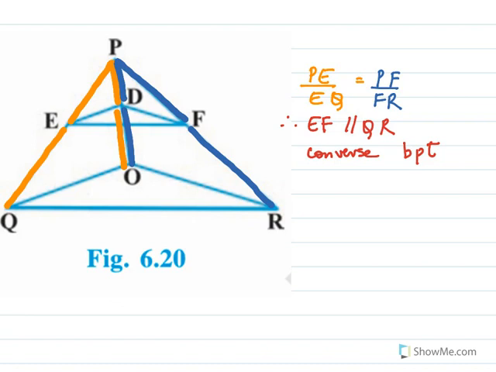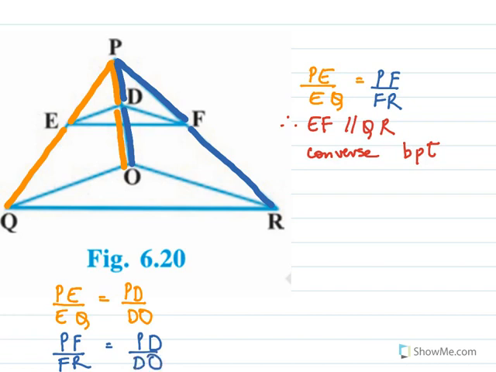And if you notice here, PD over DO came common. This is what we proved for the yellow, PE over EQ equal to PD over DO. And on the other side, we proved PF over FR equal to PD over DO.